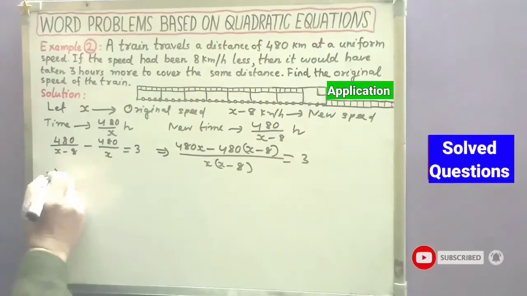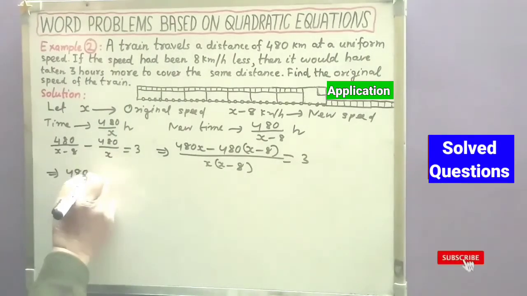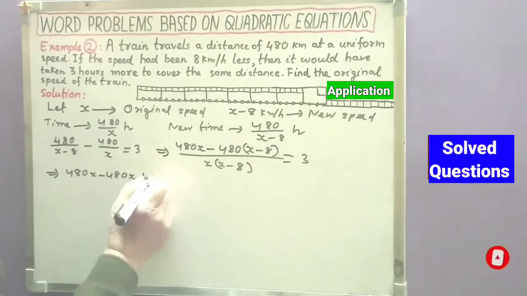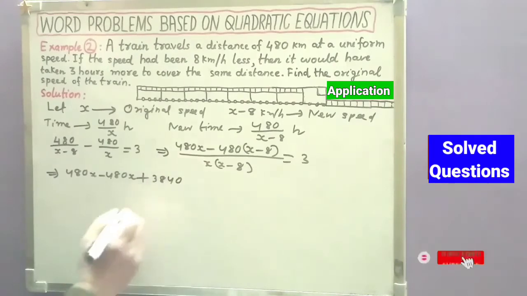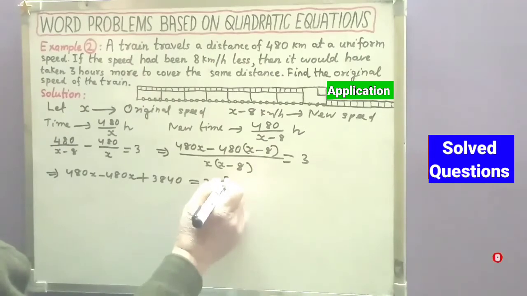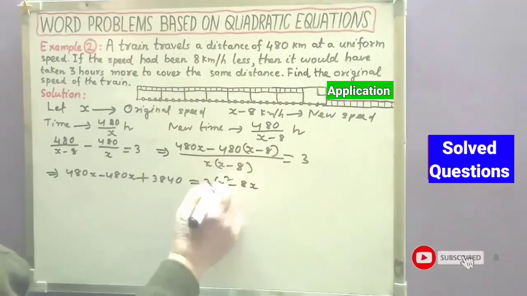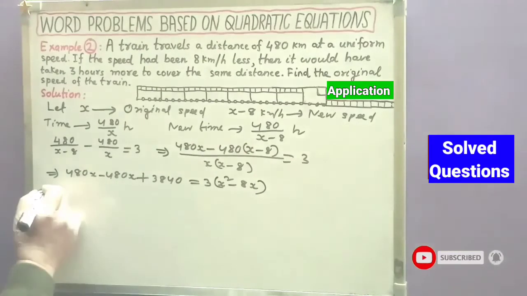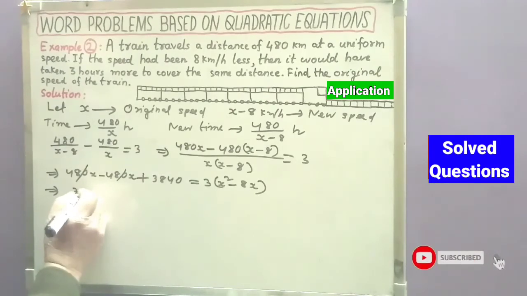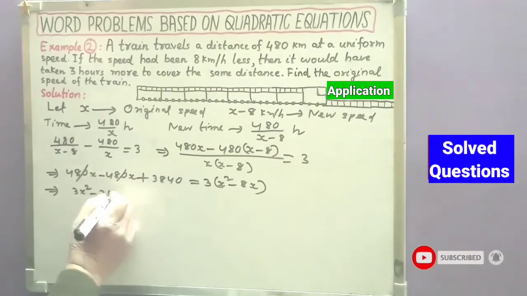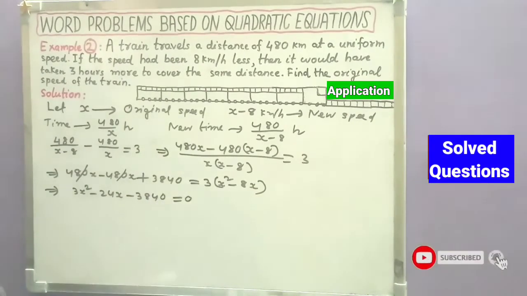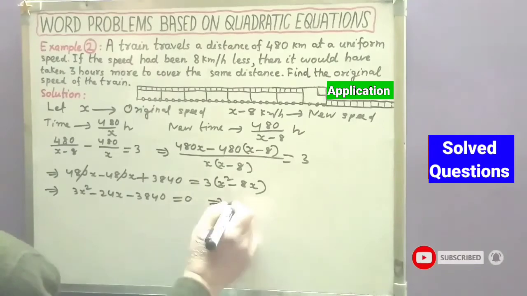Now cross multiplying and simplifying, we get 480x minus 480x plus 3840 equal to 3 into (x square minus 8x). Simplifying further, we get 3x square minus 24x minus 3840 equal to 0.